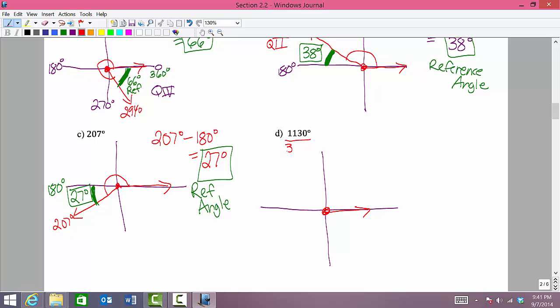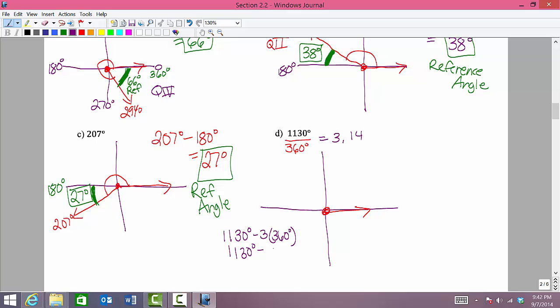So let's take 360 degrees and divide it into our angle. When I do that, I get approximately 3.14. So that means I have 3 complete rotations. So let's subtract off those 3 complete rotations.